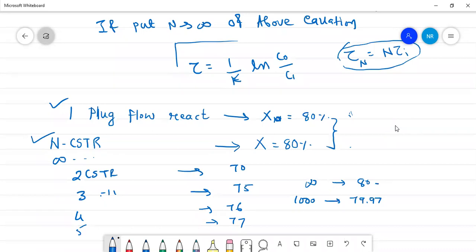It means that for first order reactions in the plug flow reactor, and n number of tanks with first order reactions, if I take both equations as similar, then instead of a plug flow reactor, if you use n number of CSTR or infinity number of CSTR, I'm getting the same answer. With fewer CSTR, the conversion is less. That is the final thing I would like to tell.